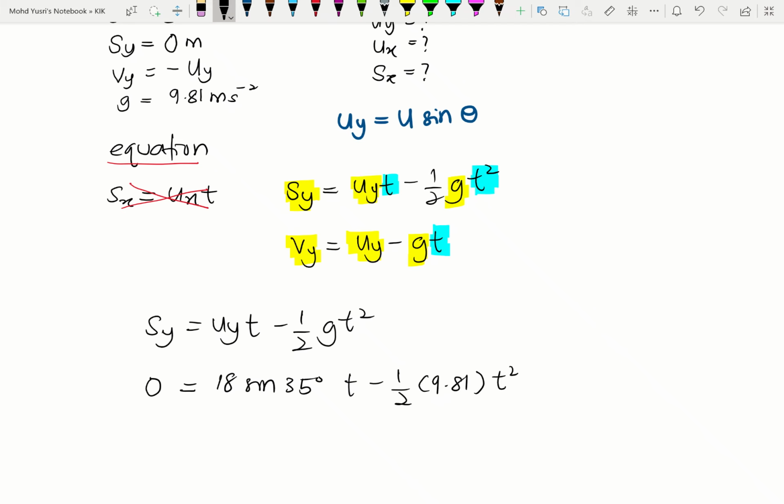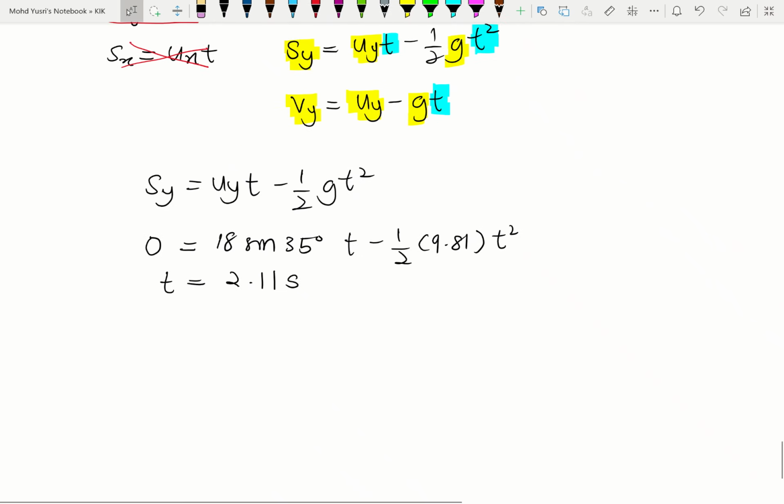By using your calculator, solve this equation for the value of t. The value of t obtained from this equation is 2.11 seconds. This is the solution if we use equation 1.